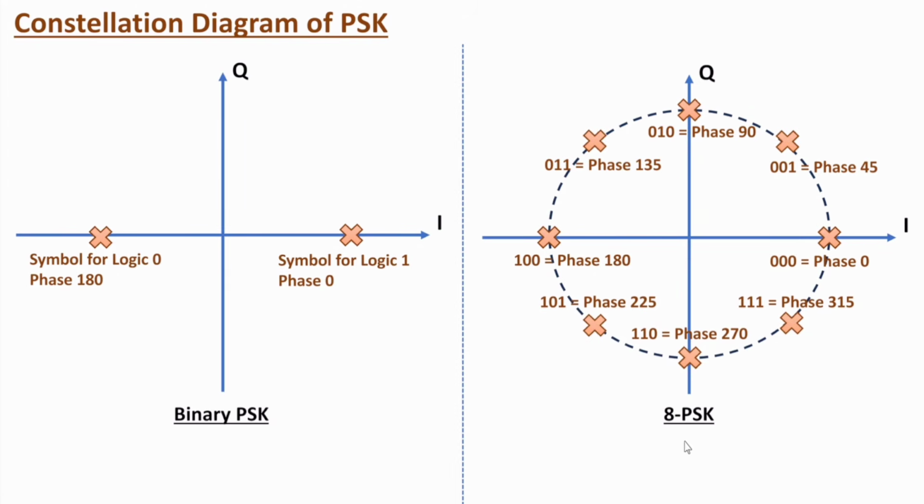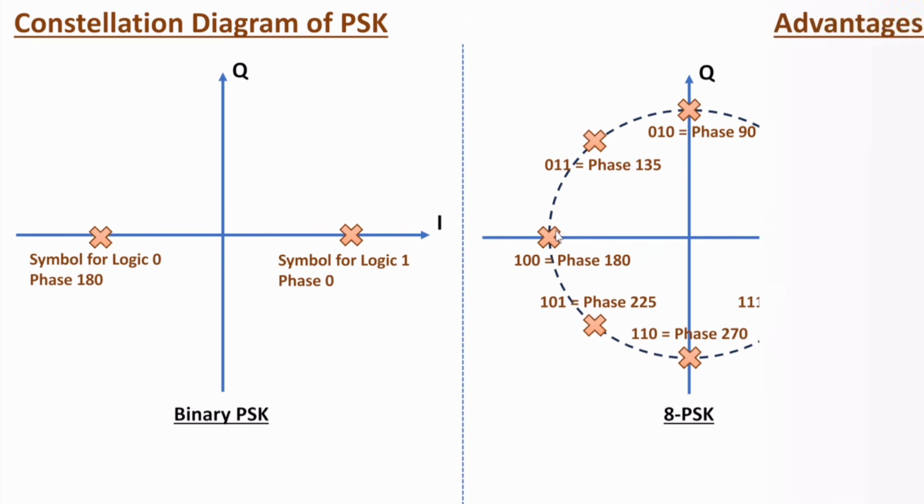And for 8 PSK, we have 8 symbols, with phases separated by 45 degrees. In total 8 symbols are there, so 360 degrees is divided into 8. 360 divided by 8 is 45. So with a spacing of 45 degrees of phase, we have the symbols.